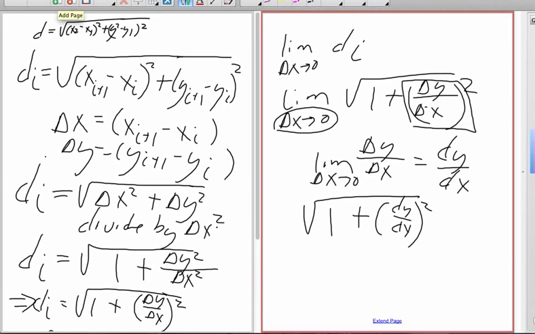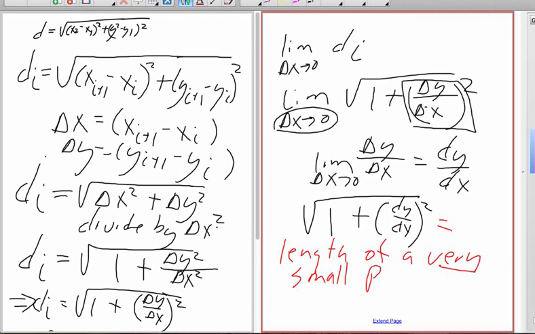And that's the length of a very, very small piece of the arc, or the curve, essentially, that we're trying to find the length along.